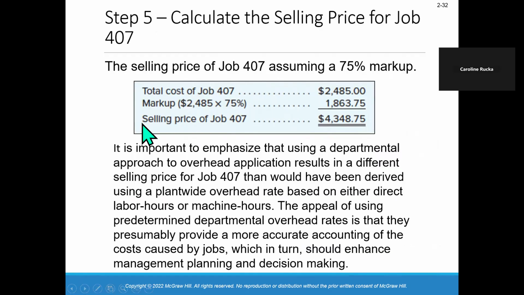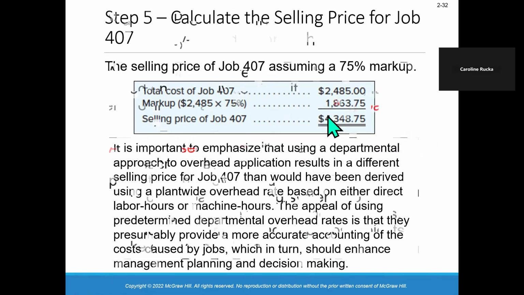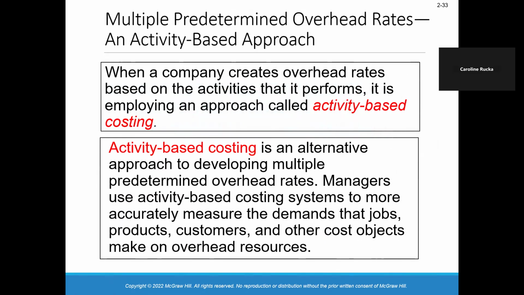If we had not used this departmental approach where we came up with the two different overhead rates, we would have gotten very different numbers here, and it would have adversely affected our decision making. When you create your overhead rates based on the activities that they perform, it's referred to as activity-based costing.